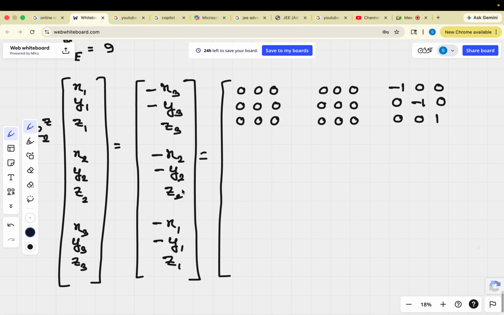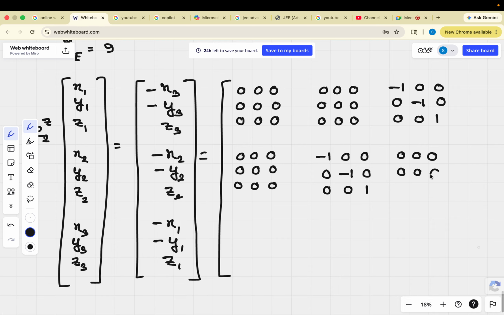Okay, now minus x2 minus y2 z2, so for x1 it will again be 0 0 0 0 0 0 0 0 0. This is for your x1. For x2 you can write down minus 1 0 0, y2 will be 0 minus 1 0, z2 will be 0 0 1, and for x3 you have nothing, so again you will get this thing.